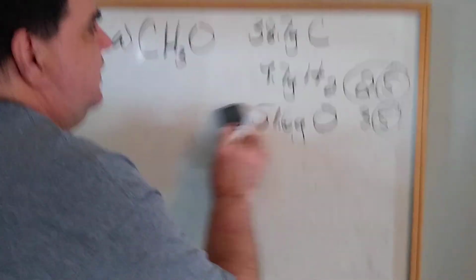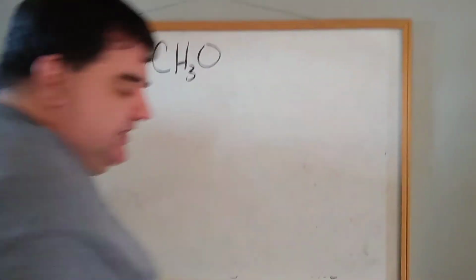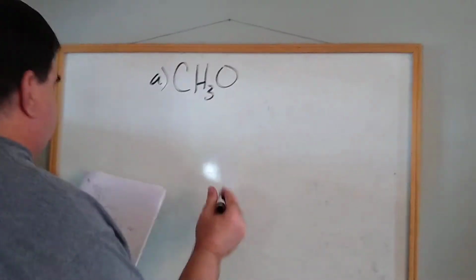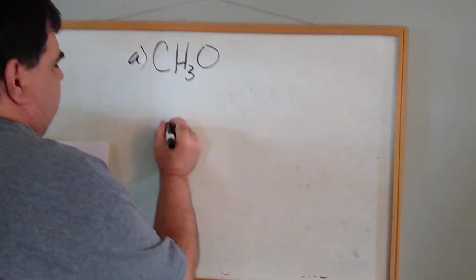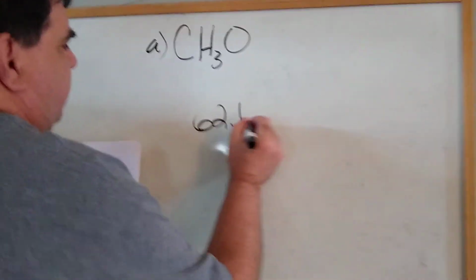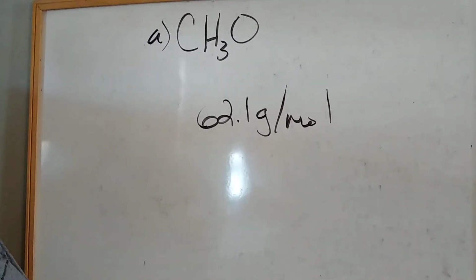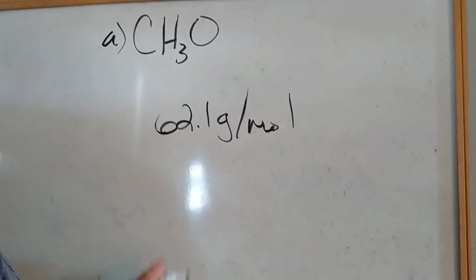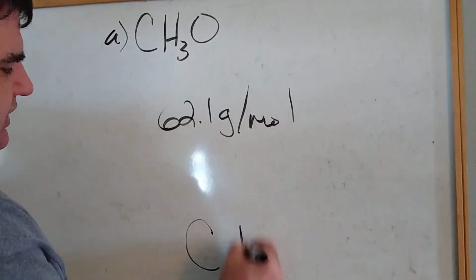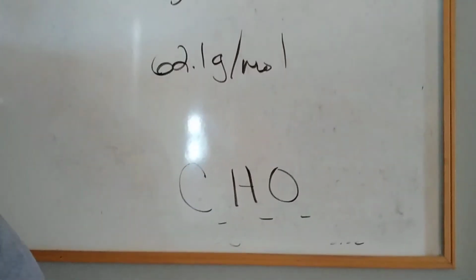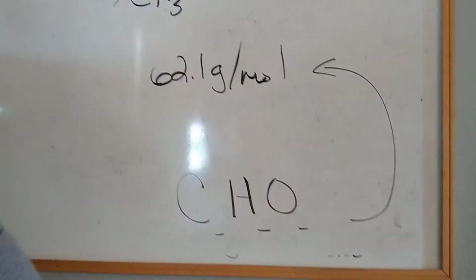So another thing that was given in the problem, it says that the molar mass of ethylene glycol is 62.1 grams per mole. That's a given value. That's what this real compound is. Whatever the real CHO, we've got to fill in those, whatever that is, weighs this much.